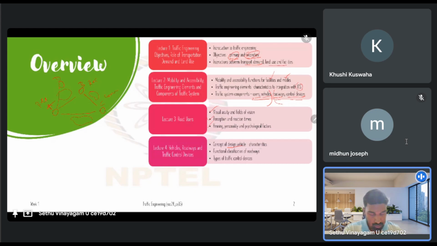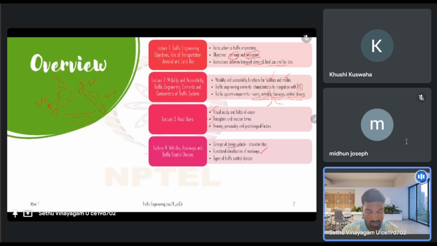And then, when we went into roadways, we were looking at the functional classification. What is the functional classification? These are based on the mobility and the accessibility levels that were introduced earlier, right? The expressways, the arterial, subarterial, then the collector roads and the local roads. These are the different functional classifications in an urban environment, right?